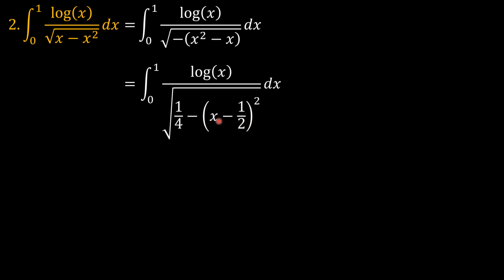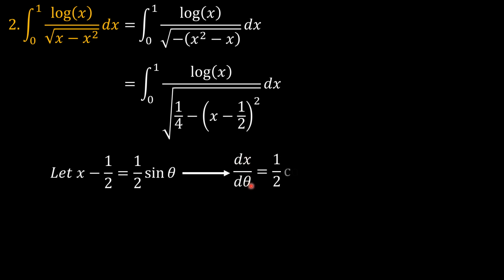And that is for the single reason that we can now substitute this. We can just say let x minus a half be equal to a half sine theta, so that when we square this, there's a constant a quarter here, and we can factor the quarter out and get the square root of it, and then we have 1 minus sine squared theta, and then we can rationalize the denominator in some fashion. But anyway, let's get the derivative.